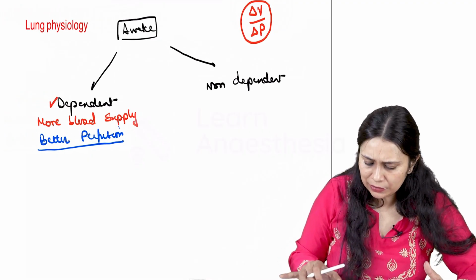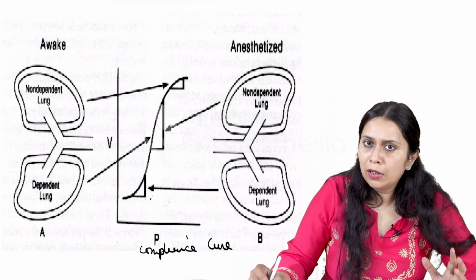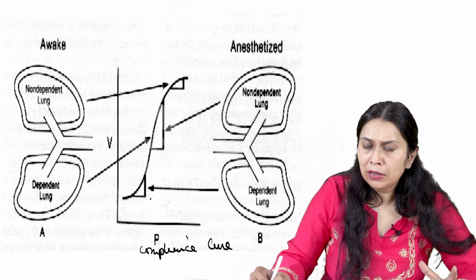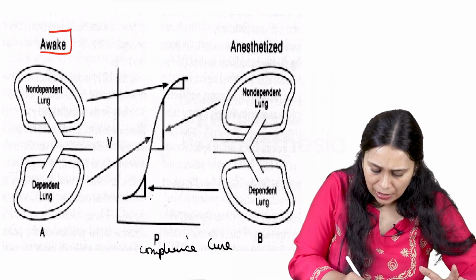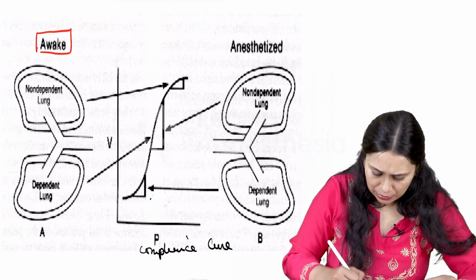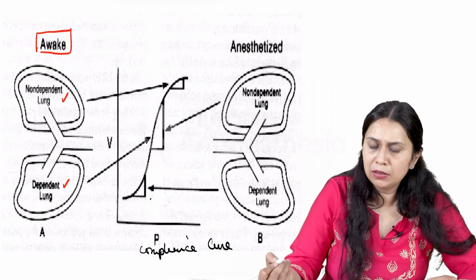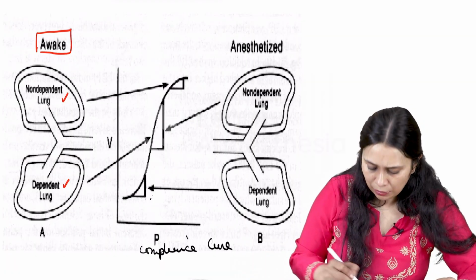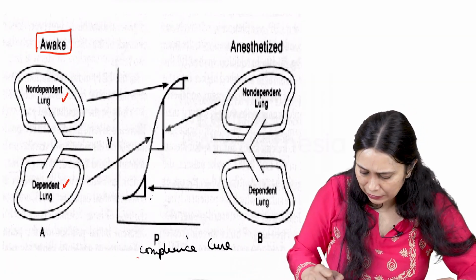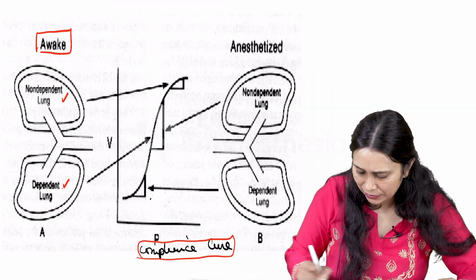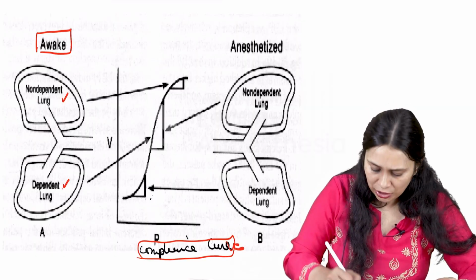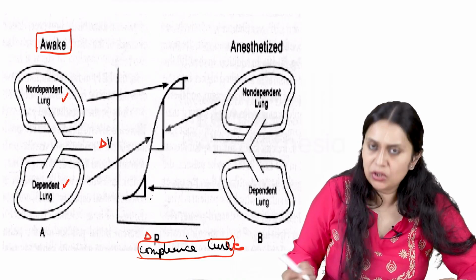If you see this image of the lung in an awake patient, as I have divided the lung into the dependent and non-dependent part, where does the dependent part lie on the lung compliance curve? This is the lung compliance curve, change in the volume, change in the pressure.